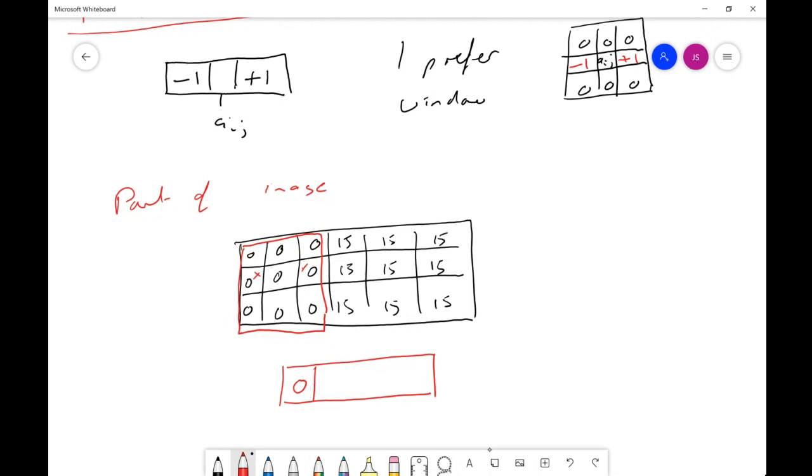Move the window one step, 1 pixel to the right, and we will have +15 minus 0. We will have a value of 15. Move the window again. We will have a value of 15. Move the window to the right-hand side, and we will have 15 minus 15, 0.